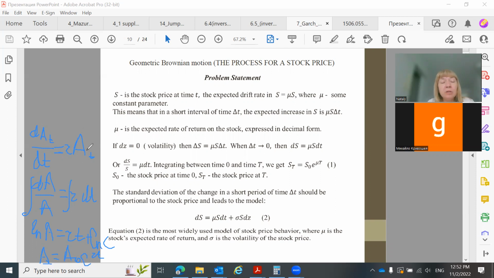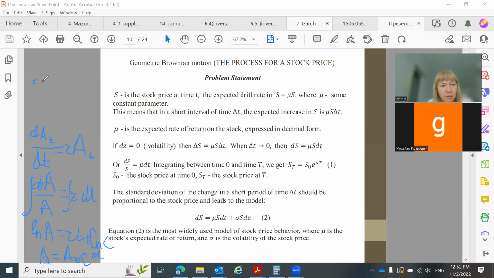But if we now consider not investment but stock prices, we know that the velocity of stock prices, dS divided by dt, is proportional.